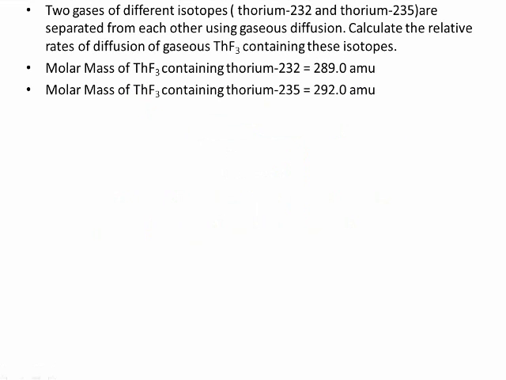Two gases of different isotopes, thorium-232 and thorium-235. That's their masses, remember. Isotopes are the same elements with different masses because of a different number of neutrons. They're separated from each other using gaseous diffusion. So we can calculate the relative rates of diffusion of gaseous thorium trifluoride with these isotopes.